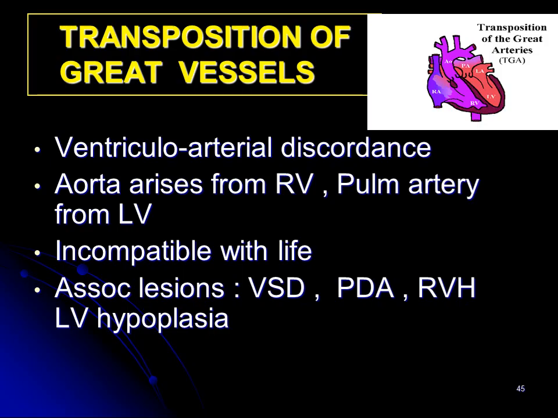Other associated lesions may be right ventricular hypertrophy and left ventricular hypoplasia, where the left ventricle becomes thin-walled and atrophic as it supports the low-resistance pulmonary circulation. Without an arterial switch surgery, most patients die within days to months.